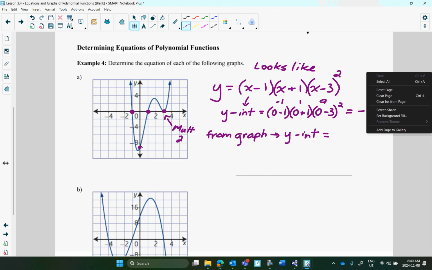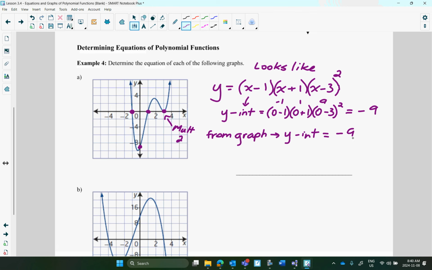So what would this be? Negative 9. Do they match up? So I'm done. I found it. But they're not always going to match up, so we're going to have to make a correction. Okay, so this one was pretty straightforward. x minus 1, x plus 1, x minus 3 squared. And that's it.